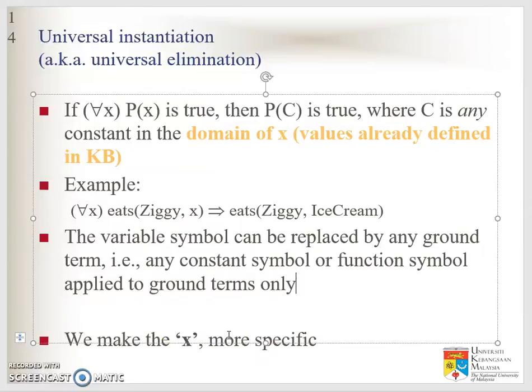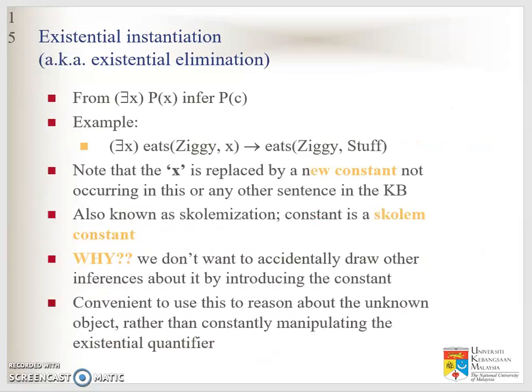Next is existential instantiation. We want to eliminate the existential symbol. So from there exists x where P(x), we infer P(c).